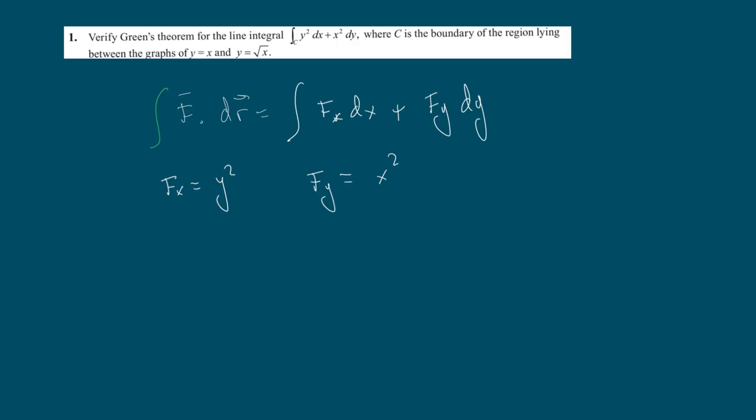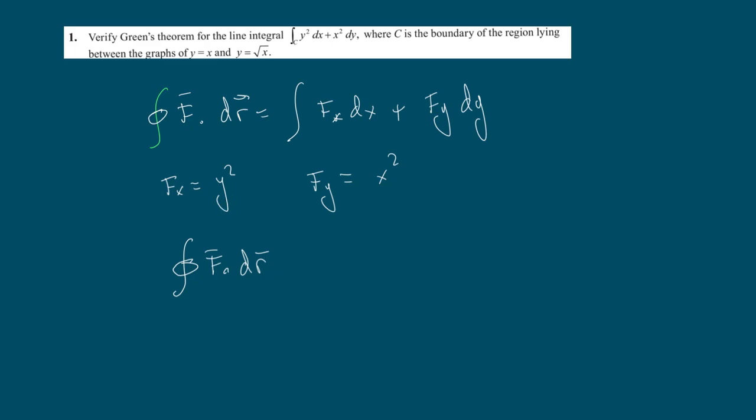And what Green's theorem says is that when you do the line integral over a closed path, if F is conservative, the line integral over a closed path is 0.